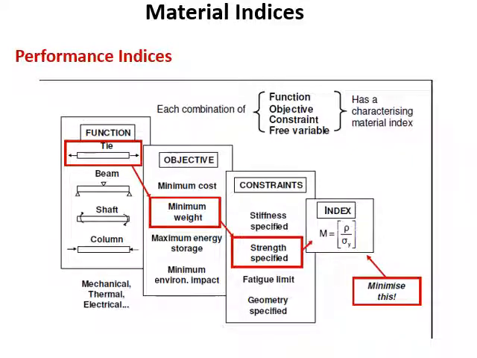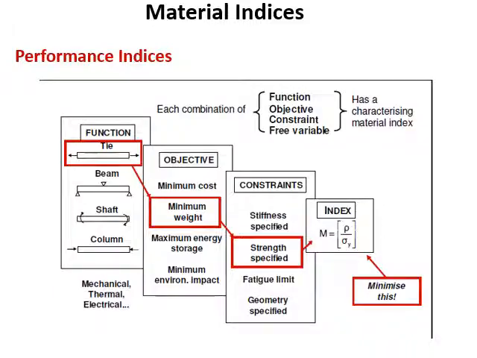Thus, for the material index, you will need to use the density divided by the yield strength so that you can minimize the density. You might get confused about whether material indices and performance indices are the same thing, but it is actually termed the material performance index. Okay, so it's the same thing.